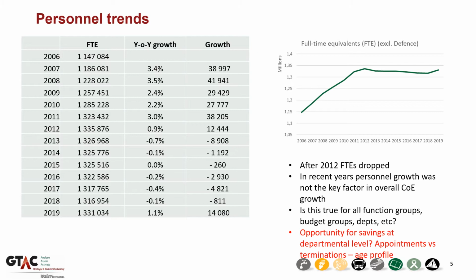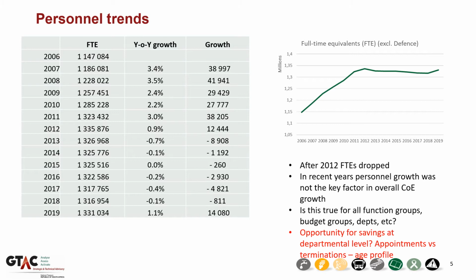So what you see on this slide is the full-time equivalent for the years between 2006 and 2019 for the whole of national and provincial government, excluding defence. And we can see that the personnel grew until 2012, and after that it decreased with a slight uptick in the last year.